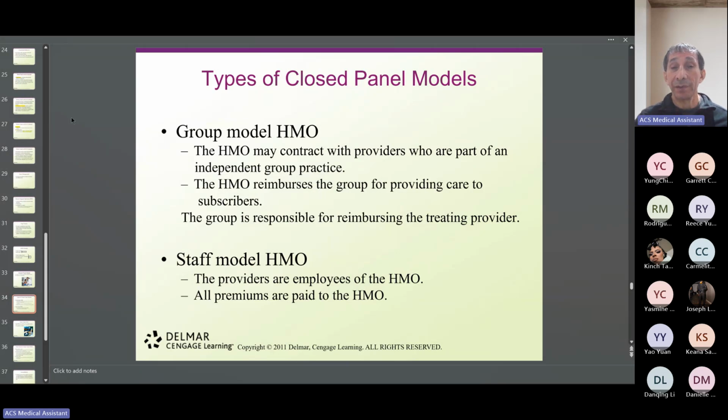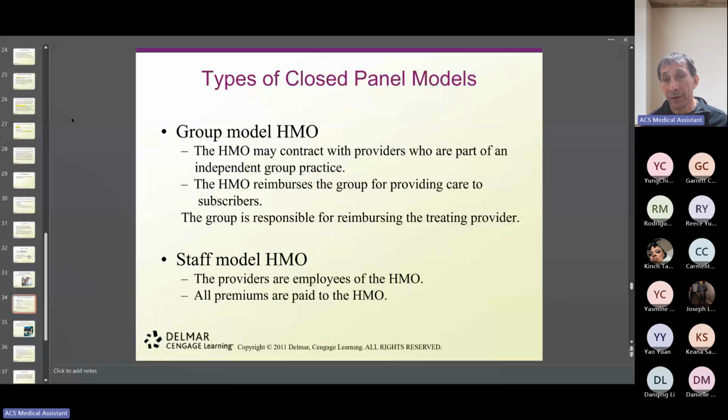Remember, premium in this case means the money that you pay for your insurance. I pay my premium for my car insurance, so it is the total amount of money that I pay for car insurance per year.